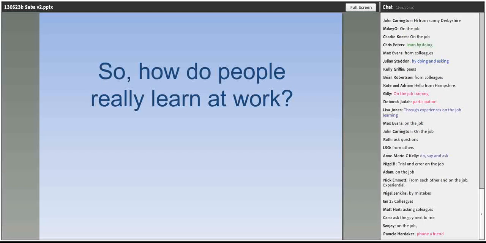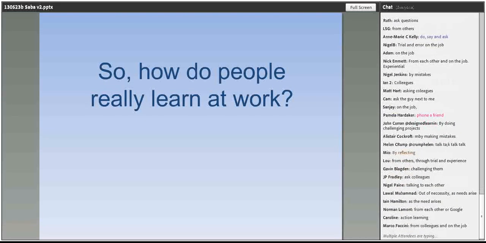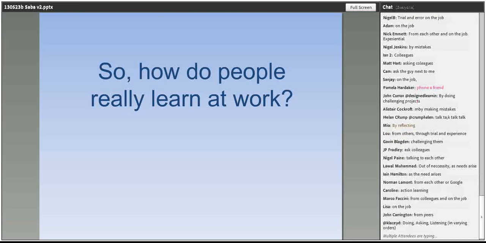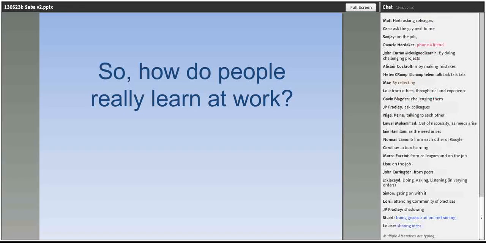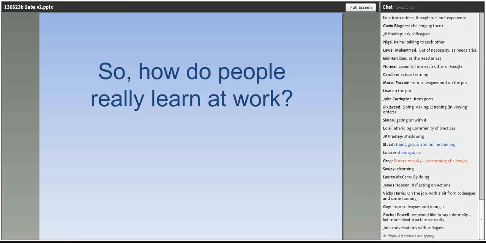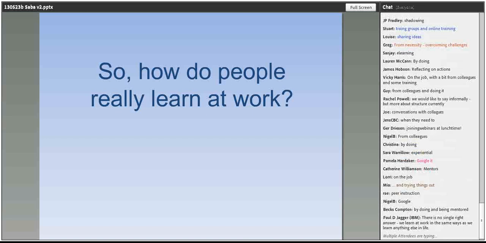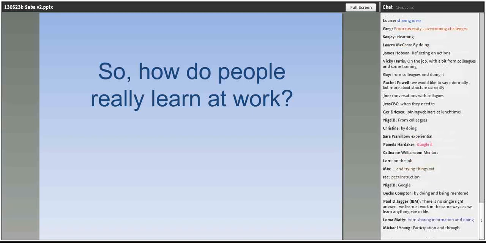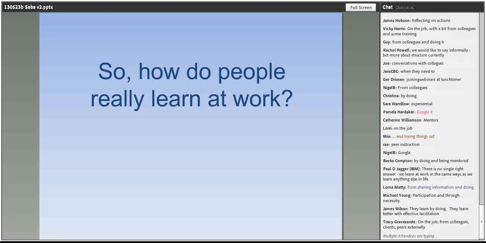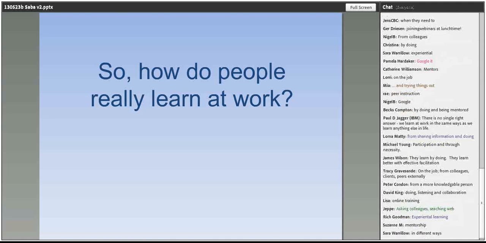Great question, Clive. Yes, we can expect a tsunami of responses, which we've been getting. Look at that! Wow. Well, absolutely. There's a lot of words coming up very often. On the job is probably the most frequent answer here. Trial and error, reflection, by mistakes, by asking the guy next to you. A lot of stuff about talk and conversation and asking people, and also, as you say, by doing.